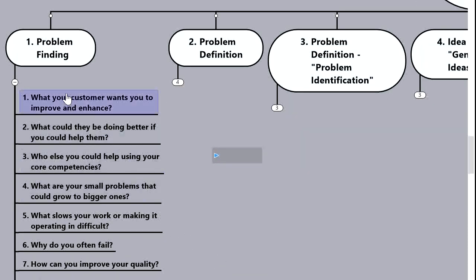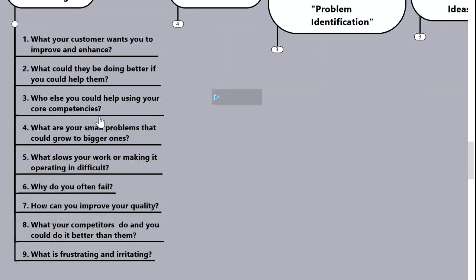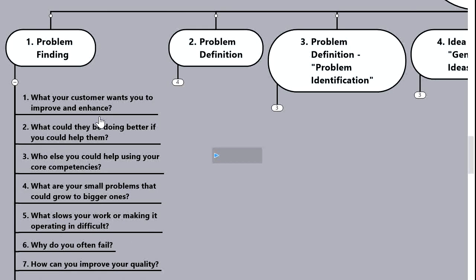and we have the questions that we collect here about the data, and I'm going to go through details about each one to explain what kind of data we are looking for in each step. So, starting with problem finding, the first question: what does your customer want you to improve and enhance?